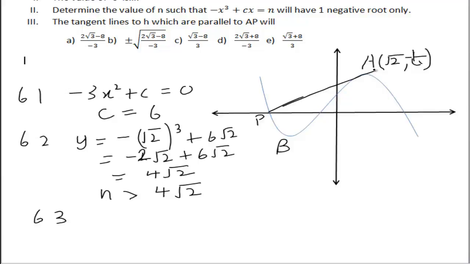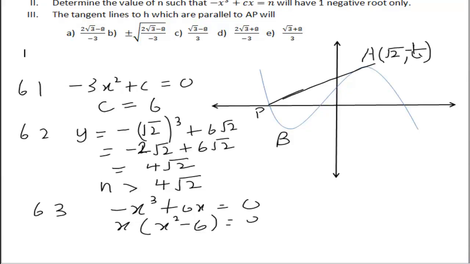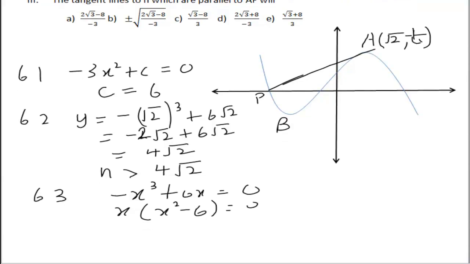Now we need to look at the x-intercept, because we need the point P. If we look at the original, it's minus x cubed plus 6x is equal to 0. We factor x out: x times minus x squared minus 6 is equal to 0, and then we know x equal to 0 is one of the points, which means the graph is drawn a little bit incorrectly, but that's not a serious problem.